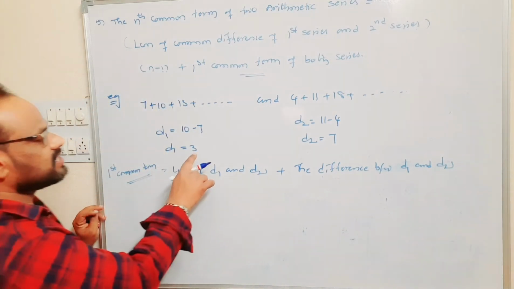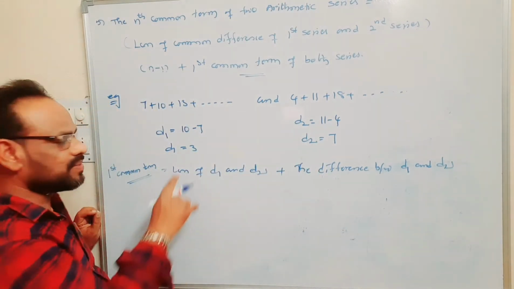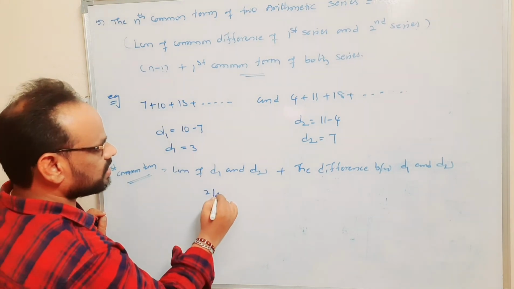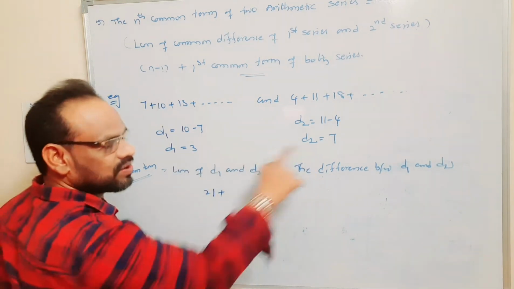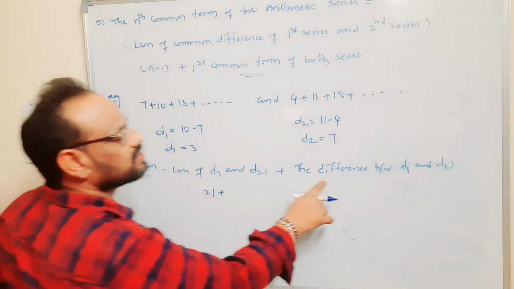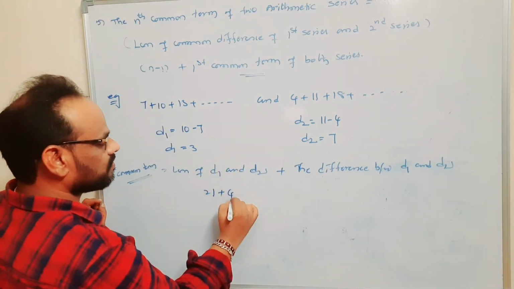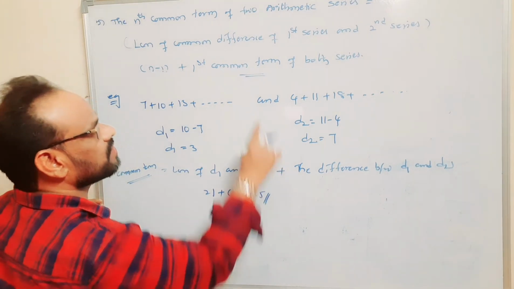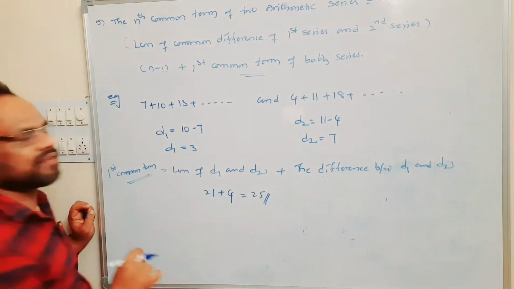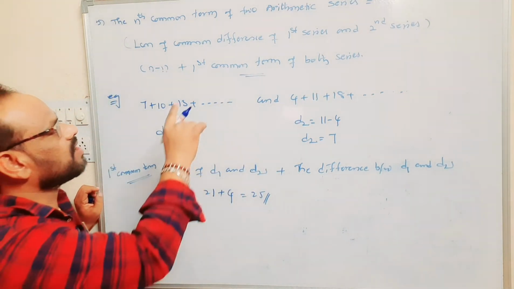Here the LCM of d1 and d2 is nothing but 3 sevens are 21, plus the difference between d1 and d2. The difference is 7 minus 3, which is 4. That equals 25, the first common term of both series.